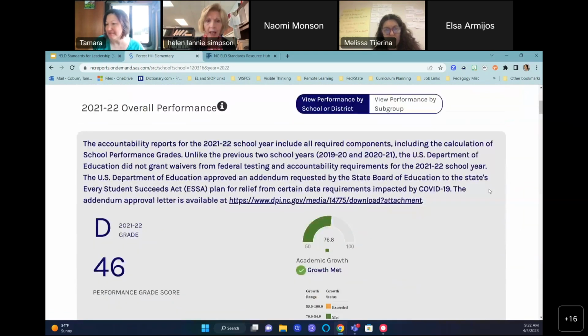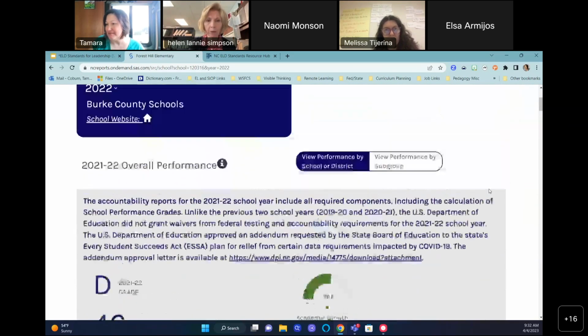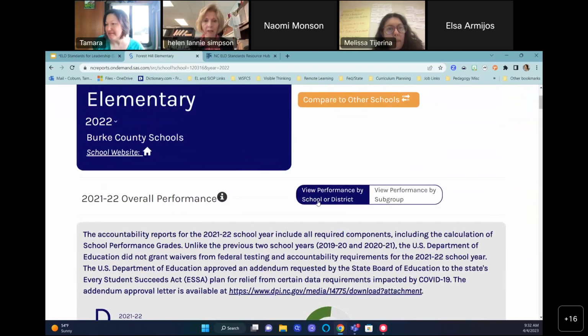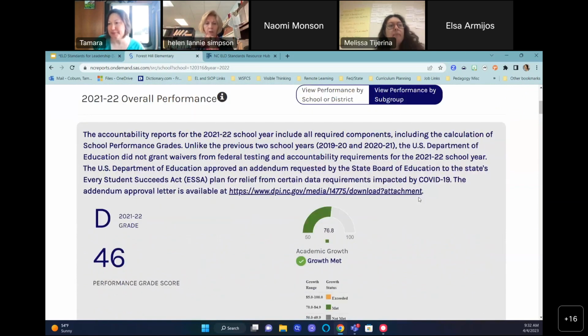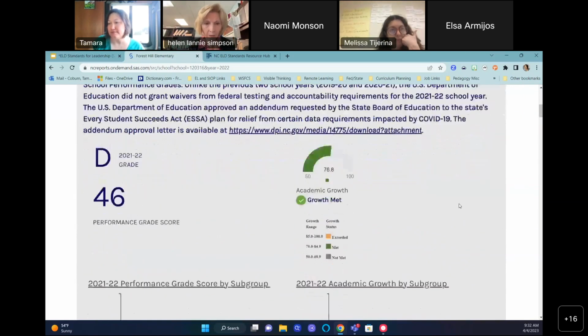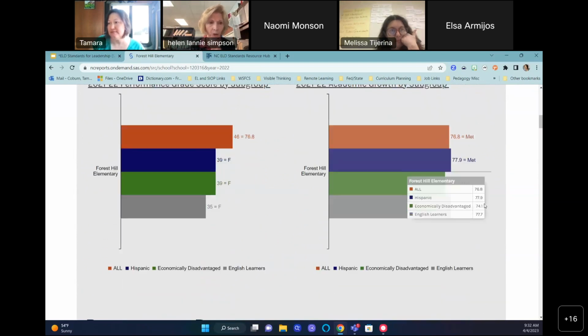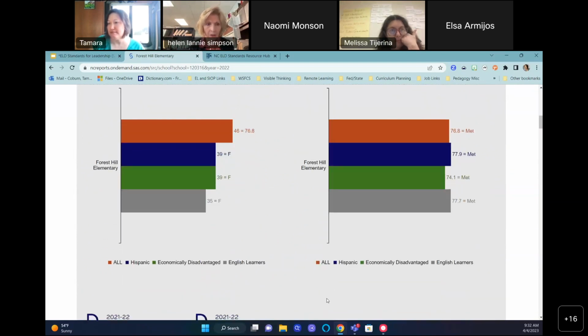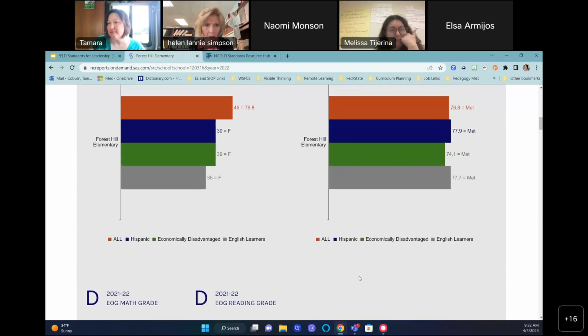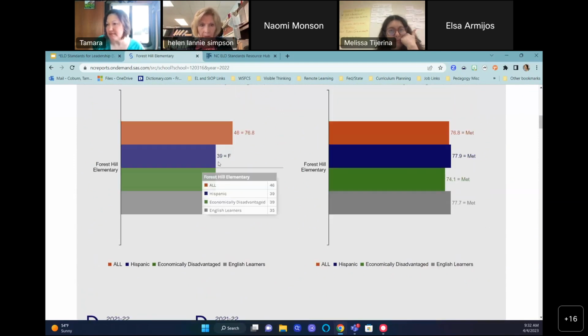Do you see that capsule? Wait, Tamara, go up just a little bit. That capsule that says view performance by school or district and then view performance by subgroup. So if you click on that on the right, subgroup. Then scroll down and you're going to see the subgroups that are delineated in the legends.